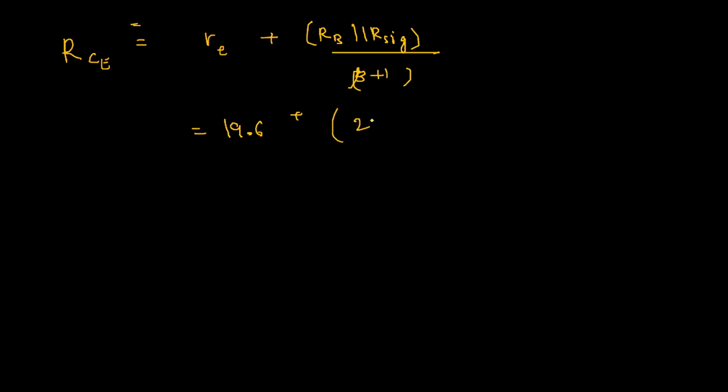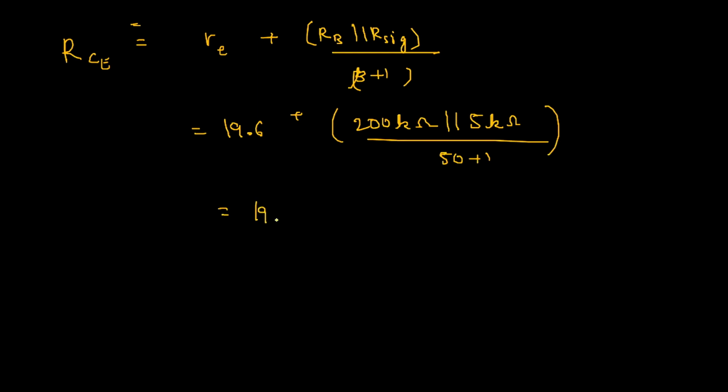And the last one, RCE, is equal to small re plus RB parallel to R signal divided by beta plus 1. So I am given that re is 19.16. This is 200 kilo ohm. This is 5 kilo ohm. 50 plus 1.